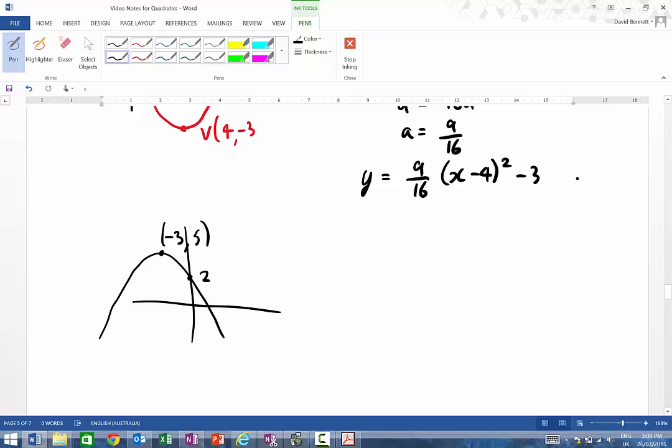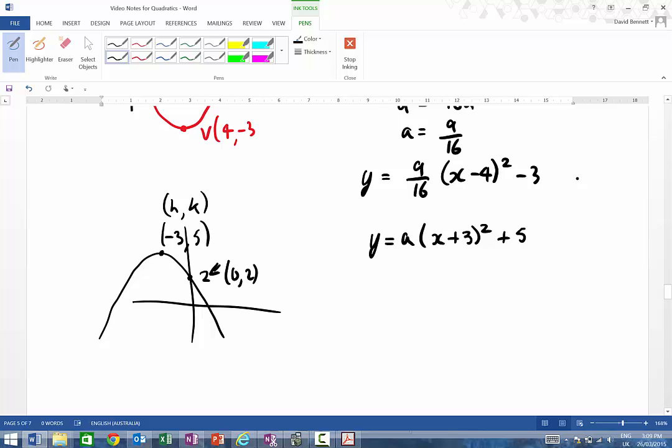Again, I've just put into the equation y is equal to a. It's going to be x - (-3), so that's going to become x + 3. We square that, and it's plus k, which is 5. Remember, these values here are h and k in the definition that you've been given. So this point over here that we've got is (0, 2).